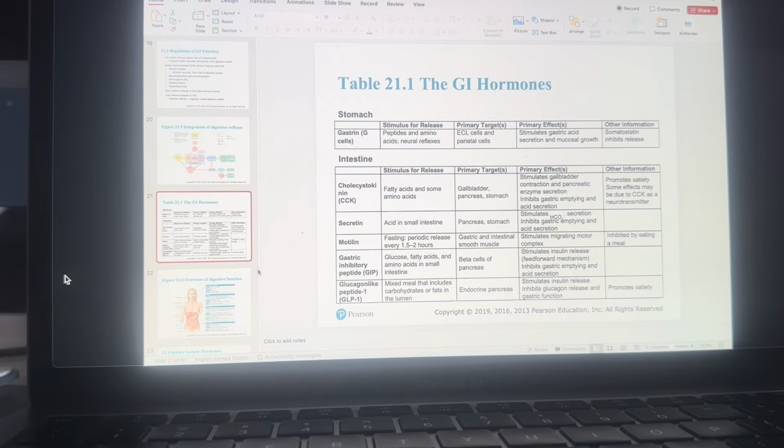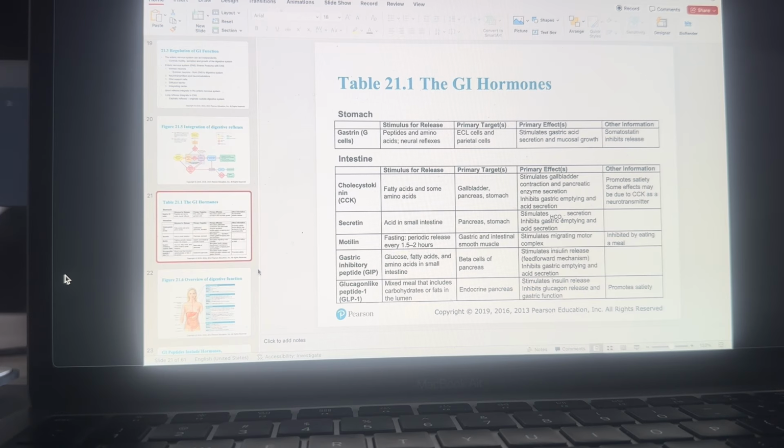In your intestines, you have these other chemicals: CCK, secretin, motilin, GIP, and GLP-1. Each of those has a function in stimulating digestion, stimulating absorption, or suppressing appetite and satiety, right?